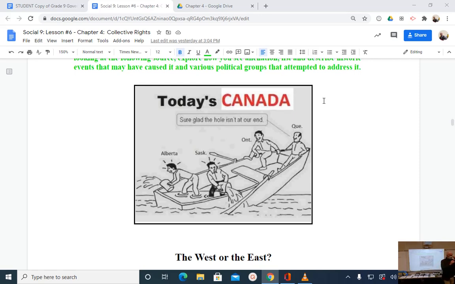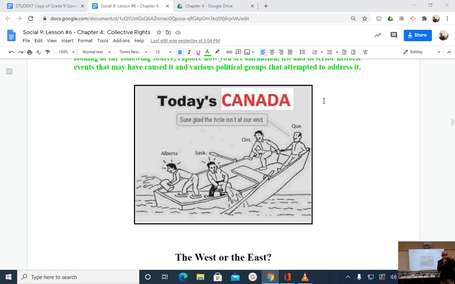And then we looked at it and said, that boat is a metaphor for Canada, and there's an ideological perspective or a viewpoint about Canada today. We can see it by looking at the conditions of the people within the boat. Alberta and Saskatchewan are bearing the burden of bailing water, while Ontario and Quebec are benefiting from that, sitting back and not working.